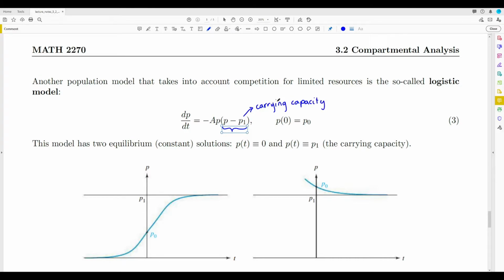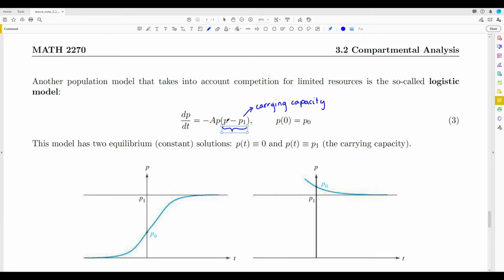And that basically accounts for the fact that if there's only limited resources and there's too much population, there's not going to be enough resources for the population. Think of there's too many rabbits and not enough food.